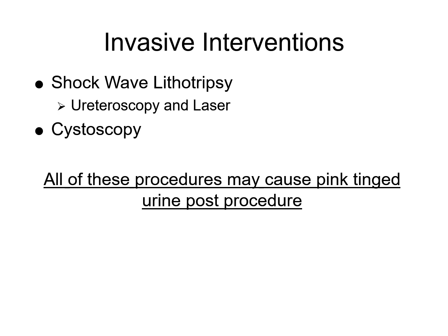Sometimes they'll go into the ureter and do a ureteroscopy and laser for people who have a kidney stone. They'll go up through the ureter and laser it. That's going to cause the urine to be pink tinged after the procedure. And a cystoscopy would also cause pink tinged urine.